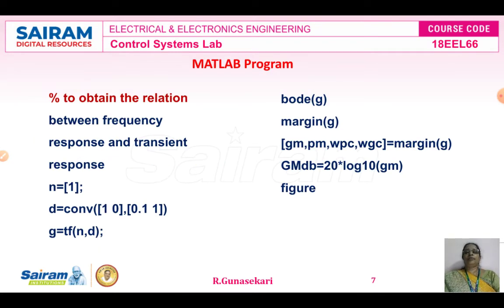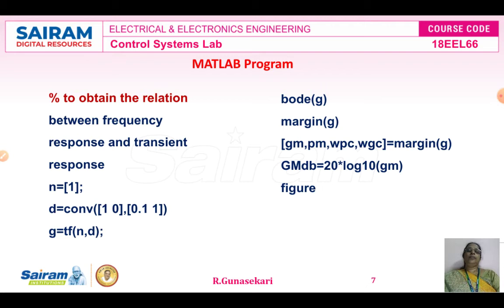First MATLAB program: to obtain the relation between the frequency response and transient response. The numerator is 1. The denominator is the convolution of the polynomials. Then the transfer function G is tf of numerator n and denominator d.